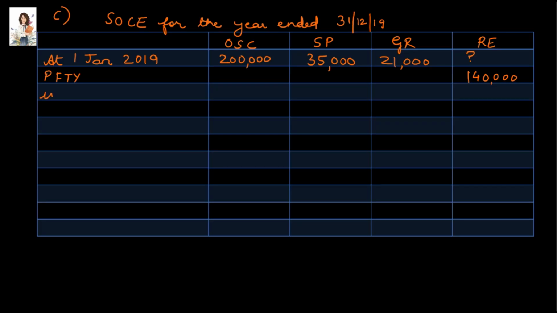So we will write issue of shares. 100,000 shares have a face value of $1. So they will have a total face value of $100,000. And those 100,000 shares have a share premium of $0.4 per share. So the total share premium on these shares is $40,000.